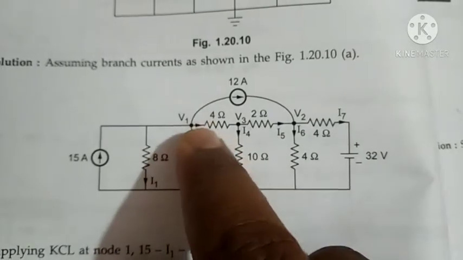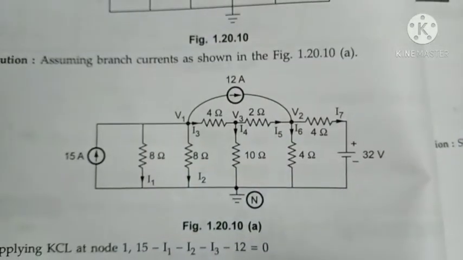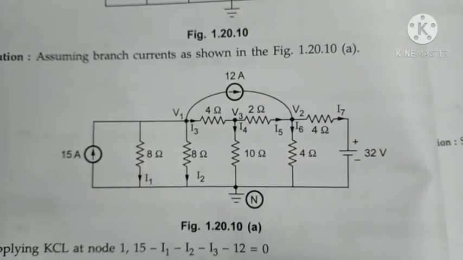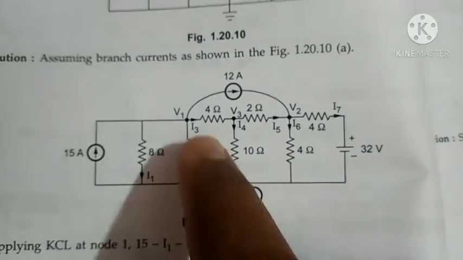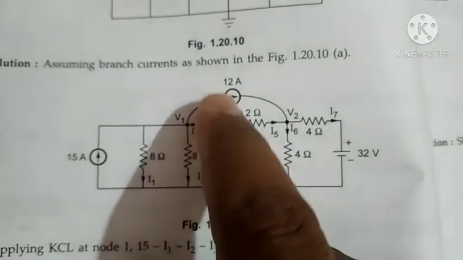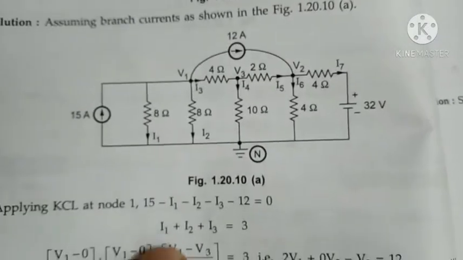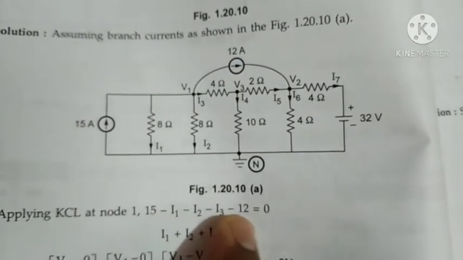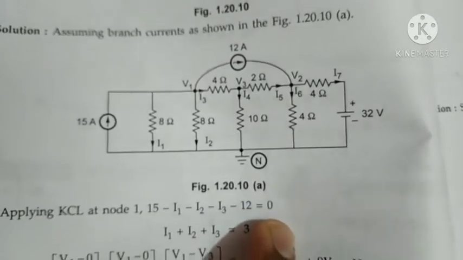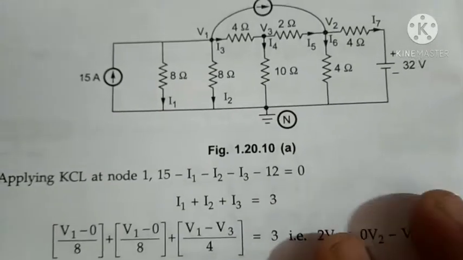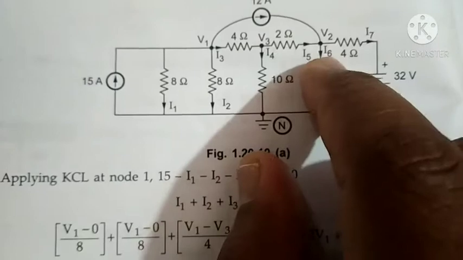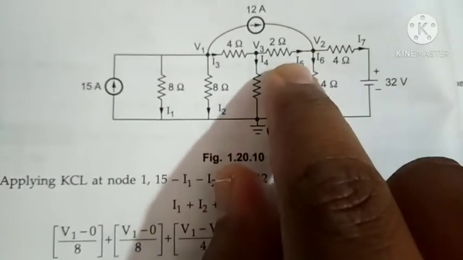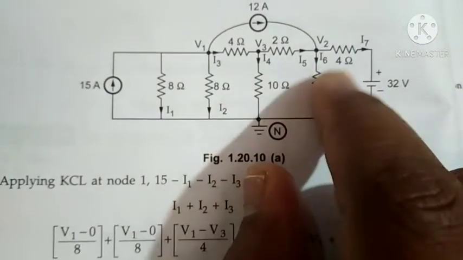I1, I2, I3 and this 12 ampere. So 15 equals I1 plus I2 plus I3 plus 12. See, 15 is incoming, the rest are all outgoing currents. This equals 0.